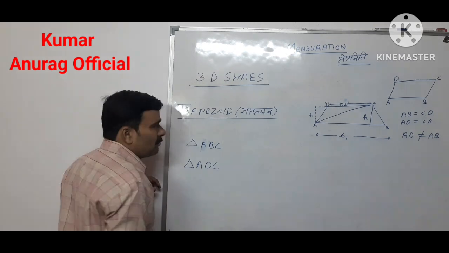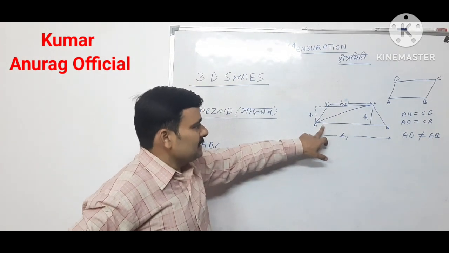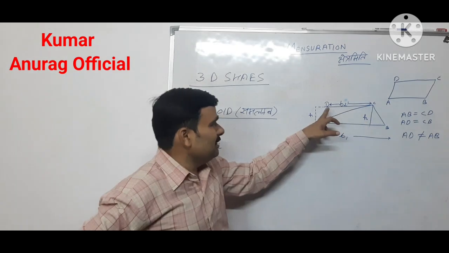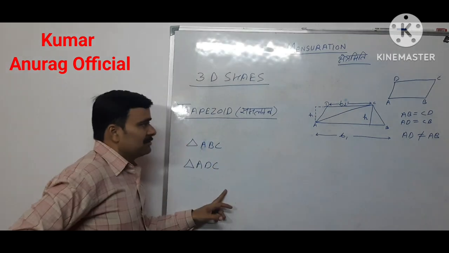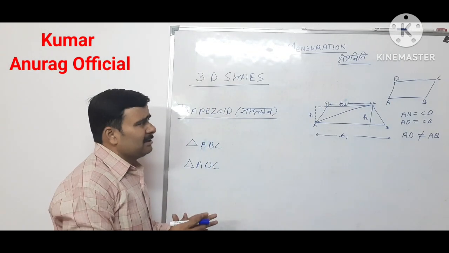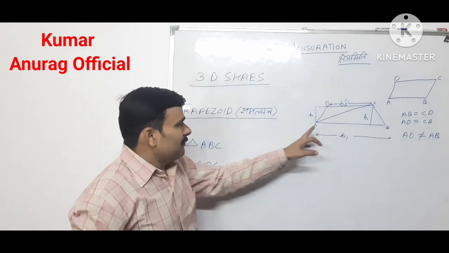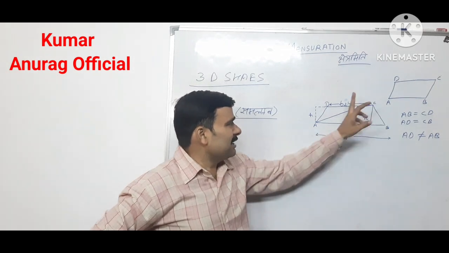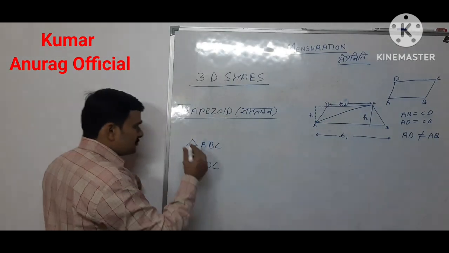Now if we want to find the area of this trapezoid ABCD, then we can find the area of these two triangles and join them, and with the help of these we can find the area of the trapezoid. For example, we have triangle ABC and another one, ACD.